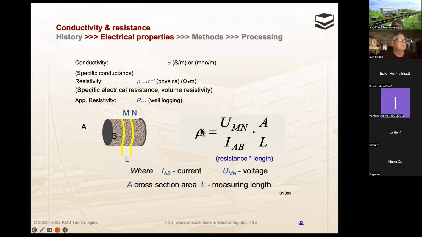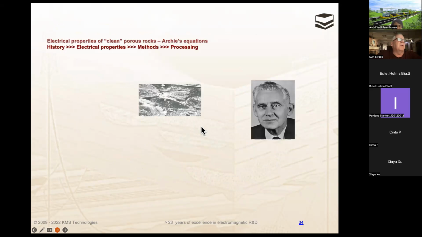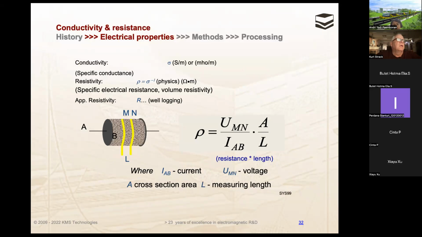So the resistance that we measure is the voltage we measure between M and N divided by the current between A and B.